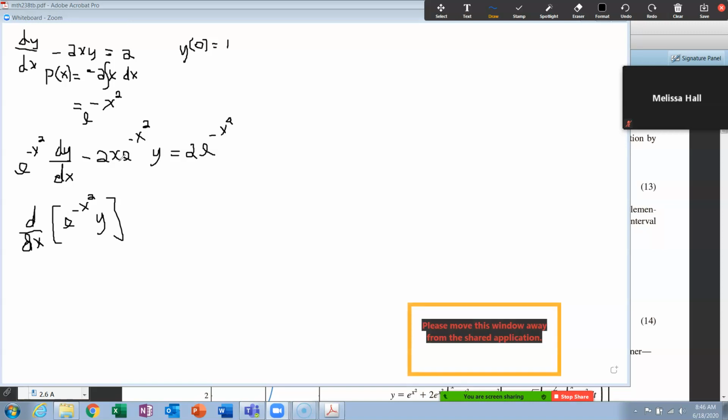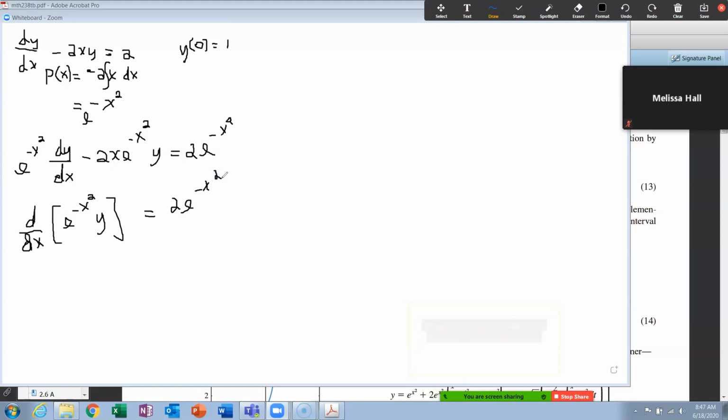So that is a perfect derivative of a product, okay? And this is equal to 2e to the minus x squared. And that is a 2 there. That's an ugly 2. See if I can make this one a little better. Okay. So what do we do with that?